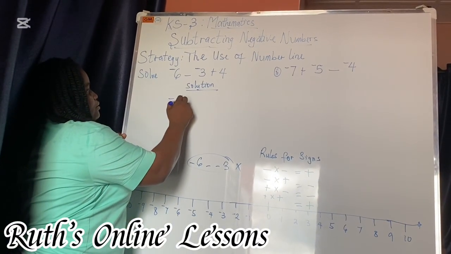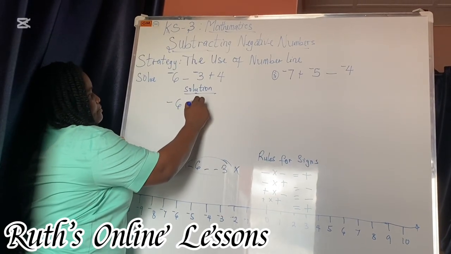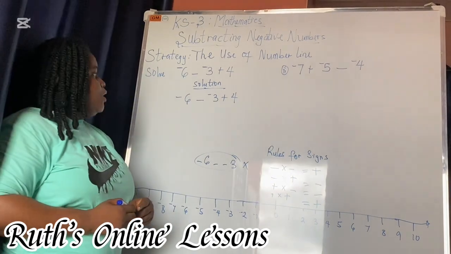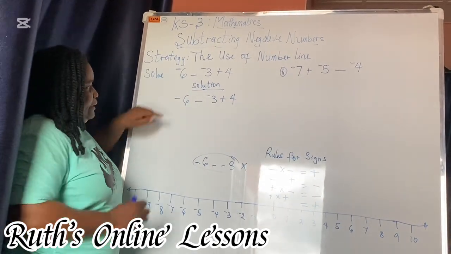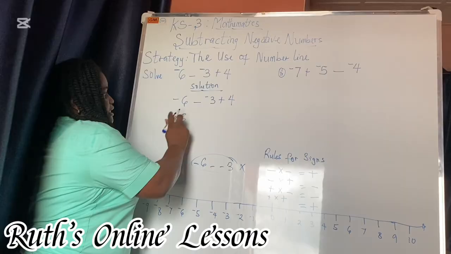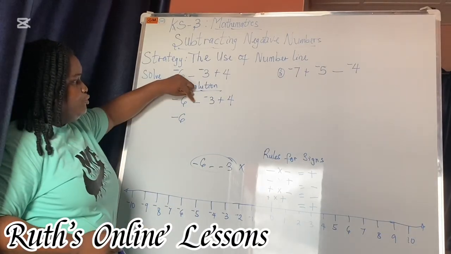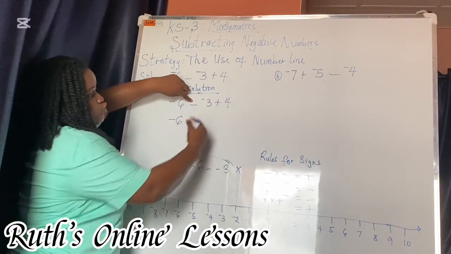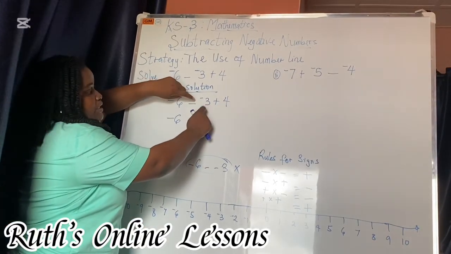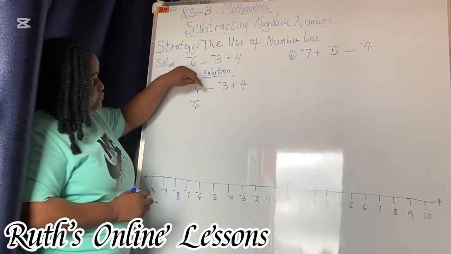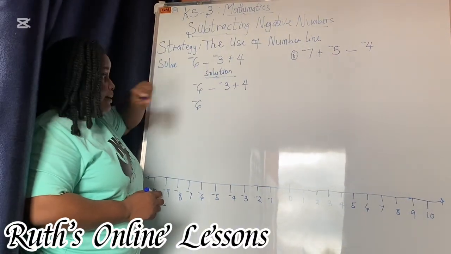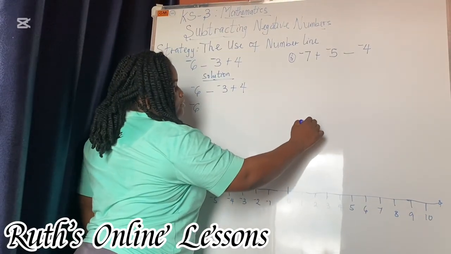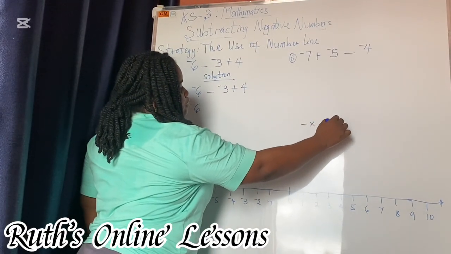So this is -6 minus -3 plus 4. I'm just bringing it down. But remember, this is -6. Just take note, -6. What am I going to do here? This is a minus, and what is connecting this to this is another minus. It is the same thing. Remember, I told us that one of the rules for signs states that minus times minus equals plus.